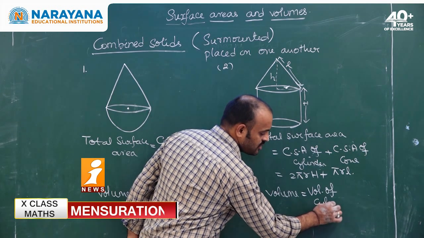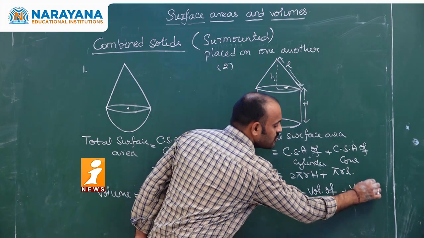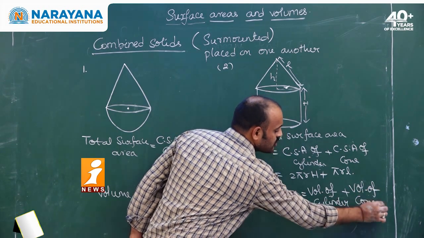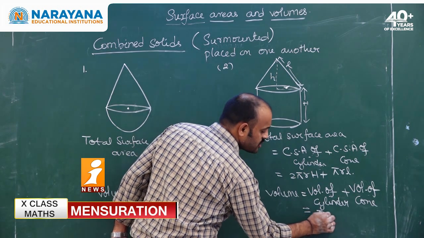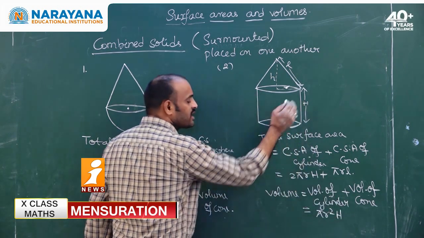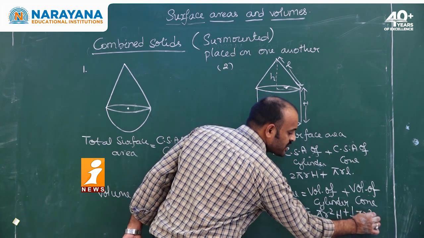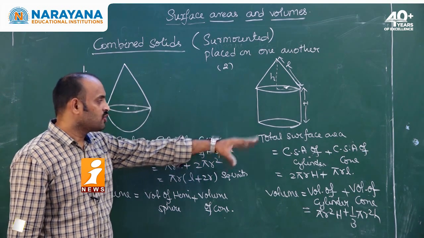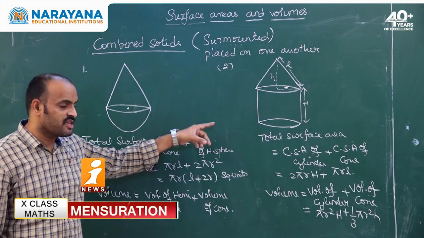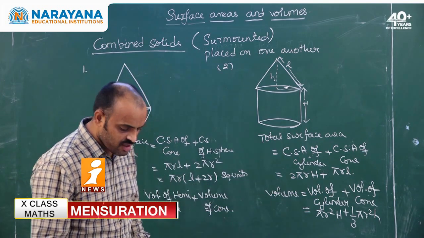What is volume of cylinder? Pi r square H. Here H is the capital H we have taken. Volume of cone is 1 by 3 pi r square h. This is how we find the total surface area, surface area and volume. Surface area, total surface area both are the same.